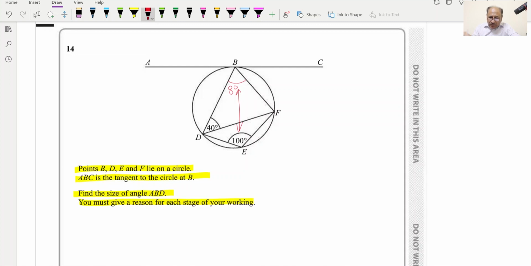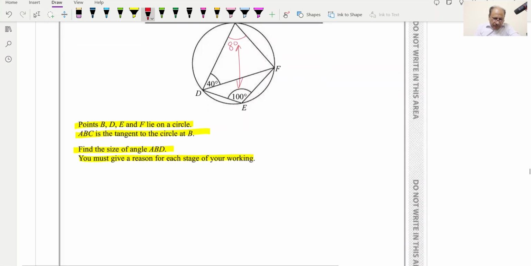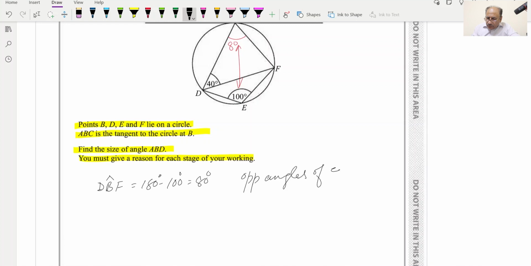So angle DBF is equal to 180 minus 100, and this is equal to 80 degrees, and the reason is opposite angles of a cyclic quadrilateral add up to 180 degrees. So this will be the reason for this one.